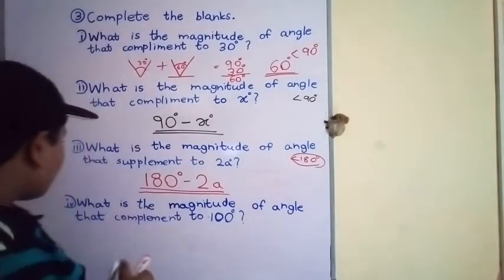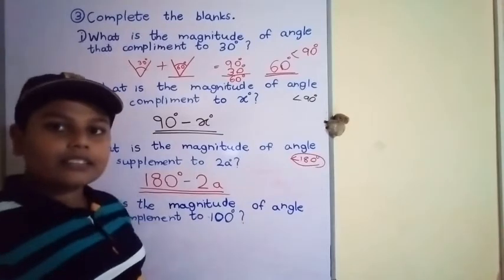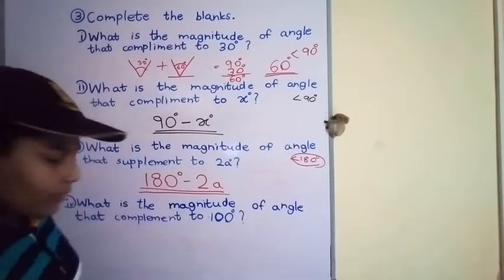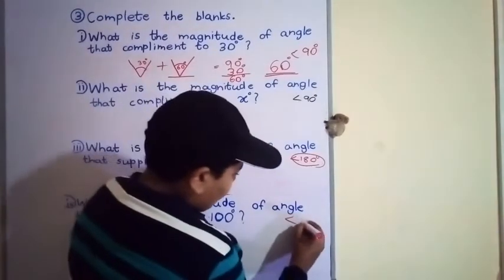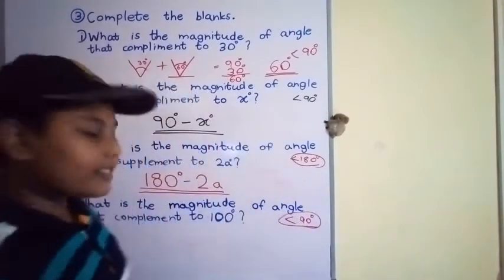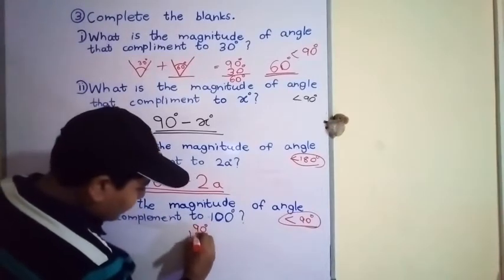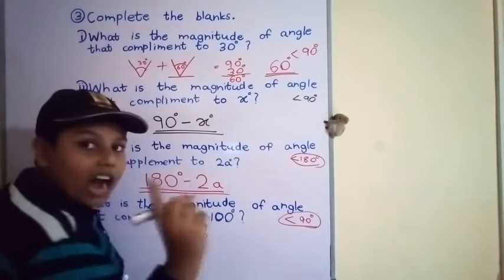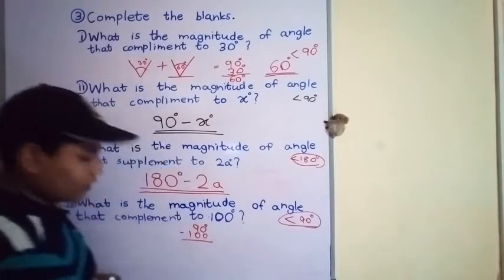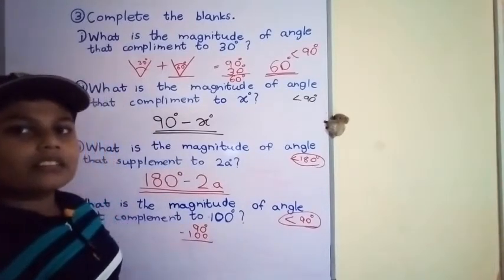In the next one: what is the magnitude of the angle that is the complement to 100 degrees? The sum is 90 degrees, so you subtract 100 degrees from 90, not 90 from 100.